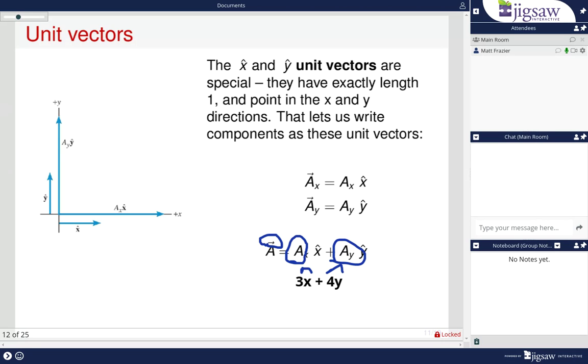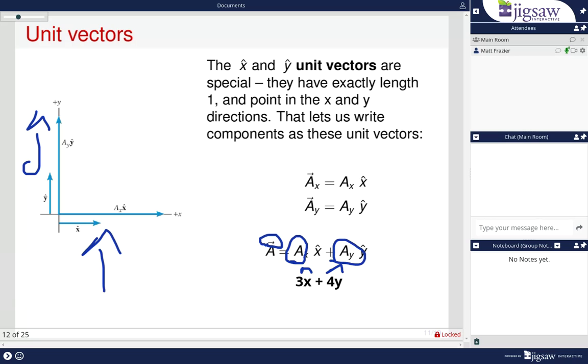Now, your textbook, all right, obviously these slides are a little bit different. Your textbook also uses i hat and j hat. And if there's a z direction, you'll see z hat or k hat. So I think I do this in the other slides.